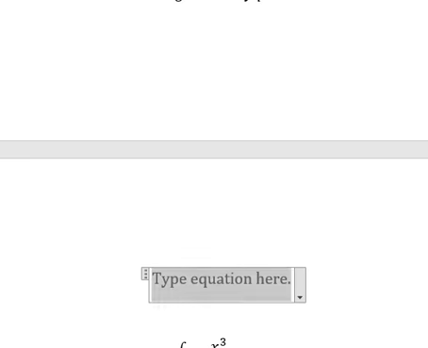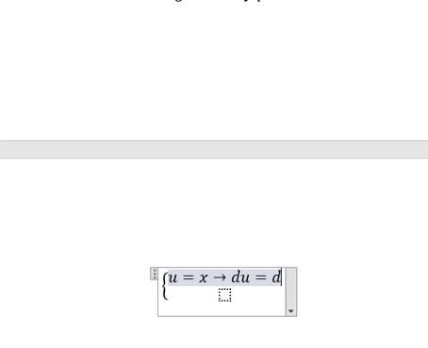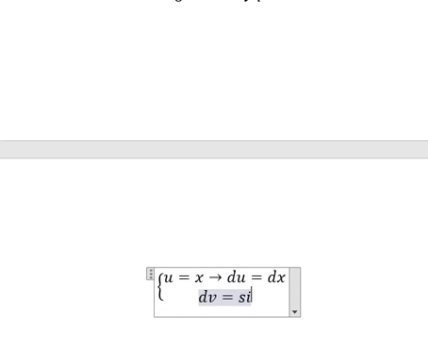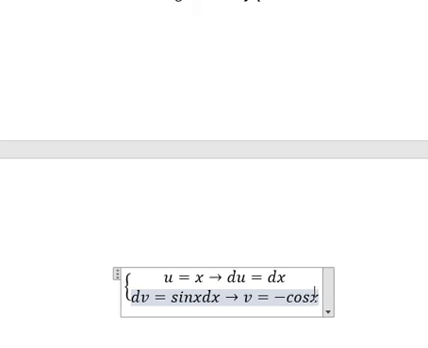And now we put u equals s, du equals ds, dv we have sine s ds. The integration of sine s, we have negative cosine s.